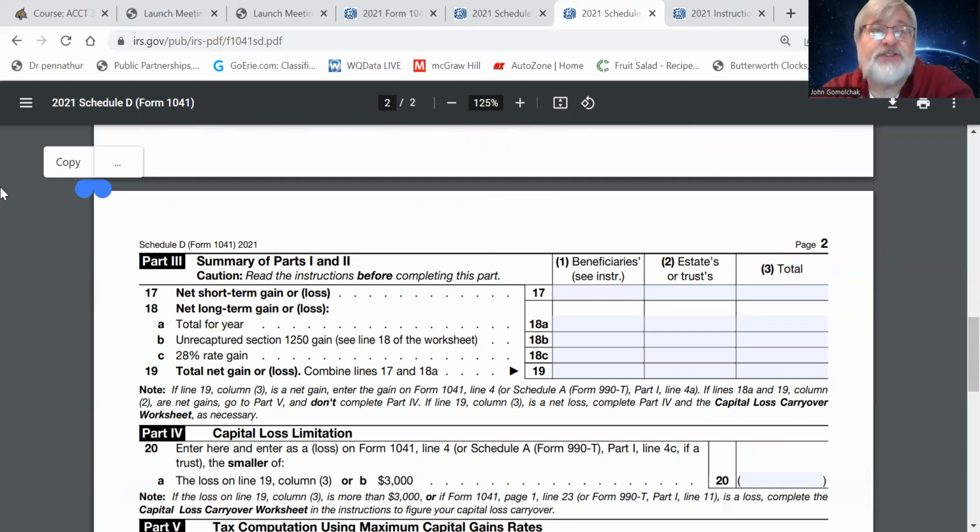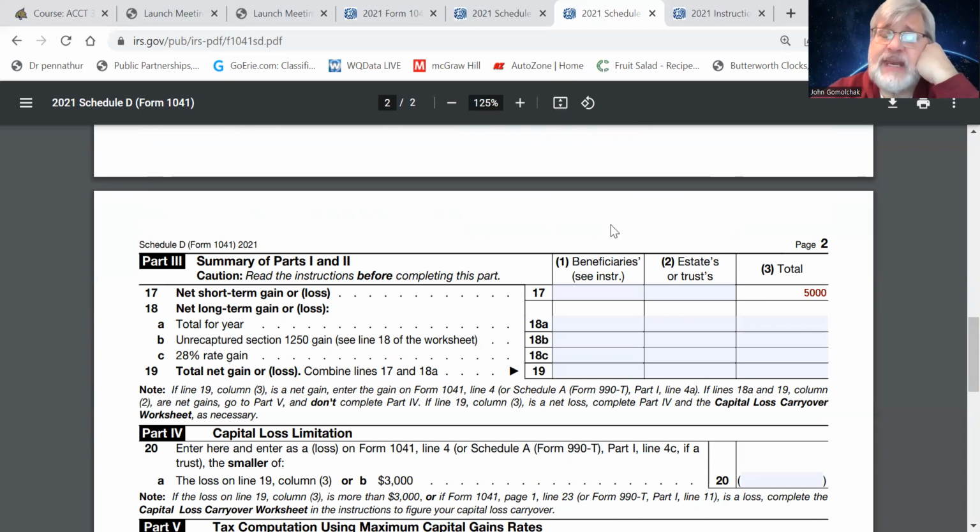All right, so let's assume we have a $5,000 capital gain, short-term. Well, I'll tell you right now, it's going to end up on line 17, column 3 for starters. Okay, so we'll put the $5,000 in this box right here. I'll put it in. Okay, now we have to do it in either column 1 or column 2.